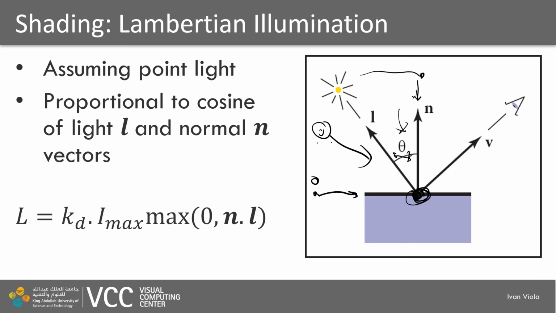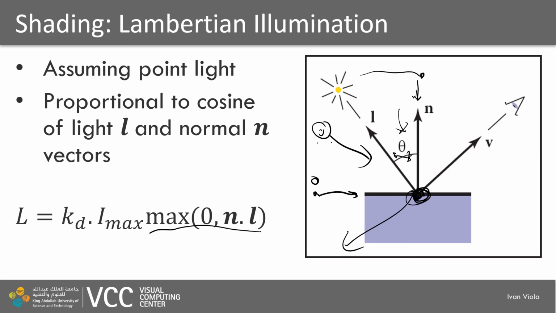However, imagine that the light vector, the vector to the light, might be actually bigger than 90 degrees, and then we will end up in a negative value. So the light will be actually behind the surface. So it should not be illuminated at all by such a light, that surface point, and therefore we have here this max function, which takes either the term n dot L as a result, or in case this would be negative, it takes 0.